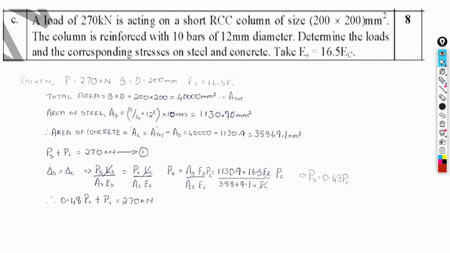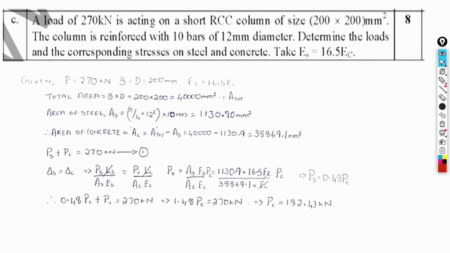So 0.48 PC plus PC equals 270 kilonewton. This is from equation number 1. Equation number 1 represents PS plus PC, load on steel reinforcement plus load on concrete section, that's equal to 270 kilonewton. So we just calculated load on steel equals 0.48 PC, right? Now we resubstitute the PS value as 0.48 PC. We will get 0.48 PC plus PC equals 270 kilonewton. 1.48 PC is equal to 270 kilonewton.